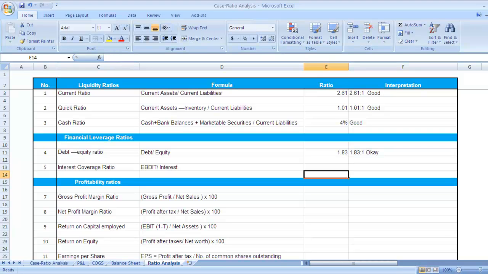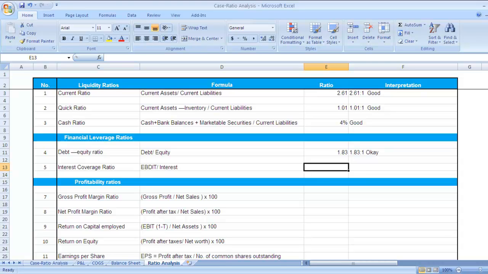After that, let's move to interest coverage ratio. So what is interest coverage ratio? In interest coverage ratio, we need to check how many times the company is earning in relation to interest. So EBITDA, or we can call it operating margin, is how many times of interest.